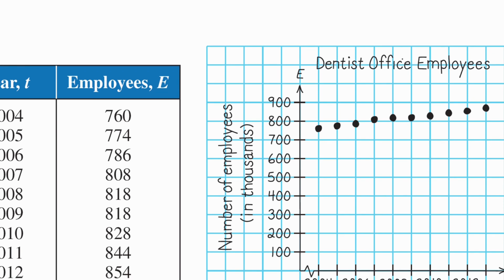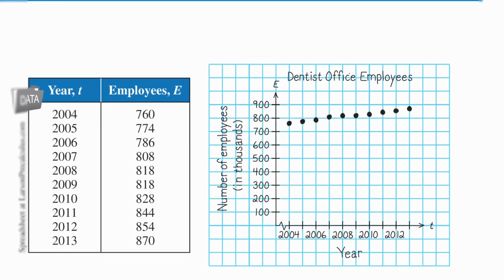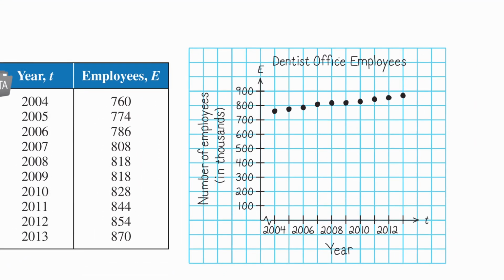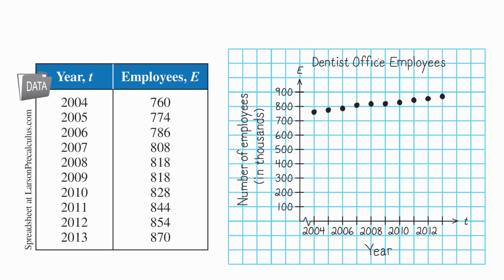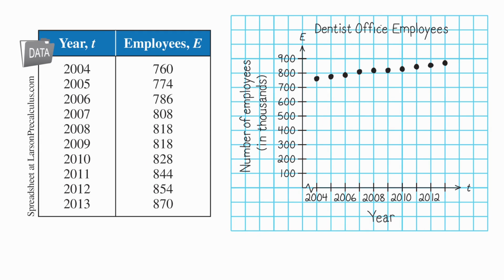And then over 800, but just barely over 800, is our 2007 number. And so hopefully you can see, let me make it so you can see the numbers and the plot. Hopefully you can see how these values represent these here. And plotting it all at once, we can see that there's kind of a linear trend here going up.